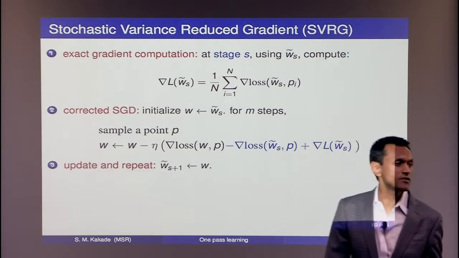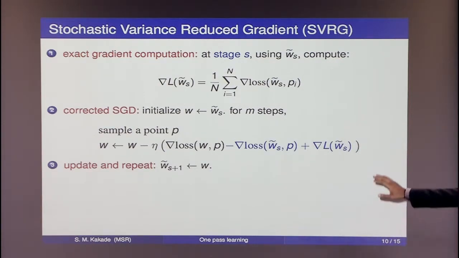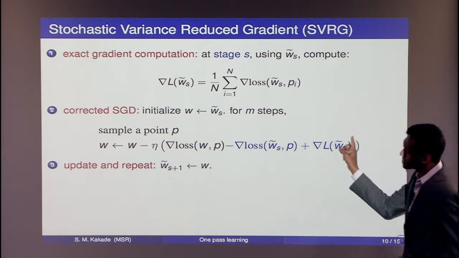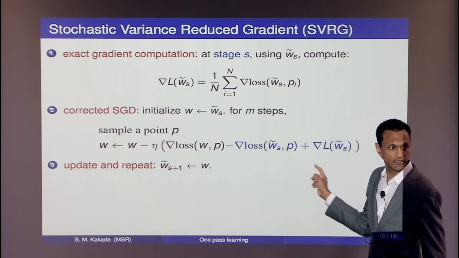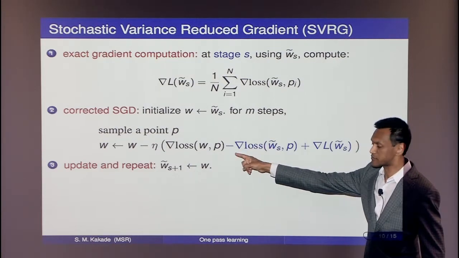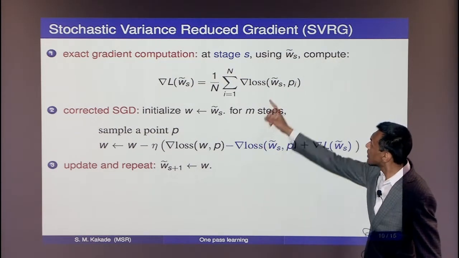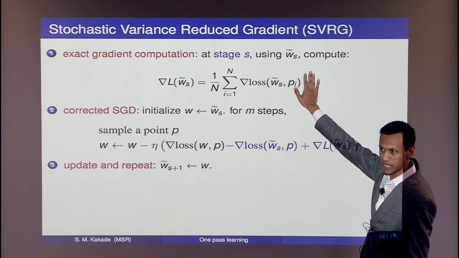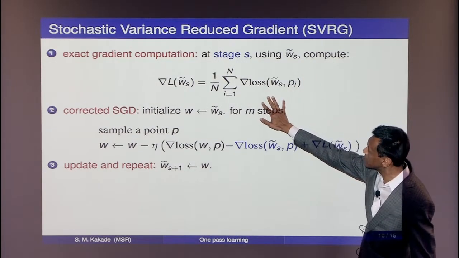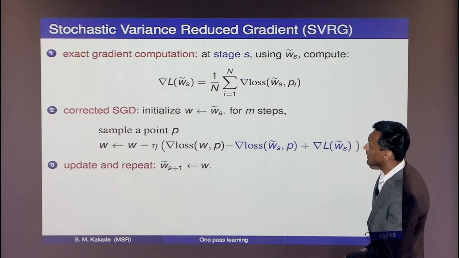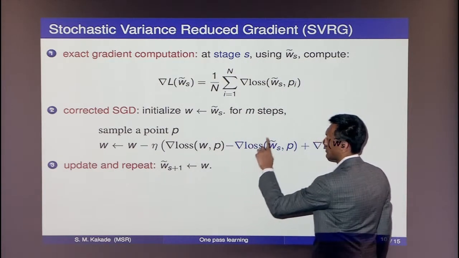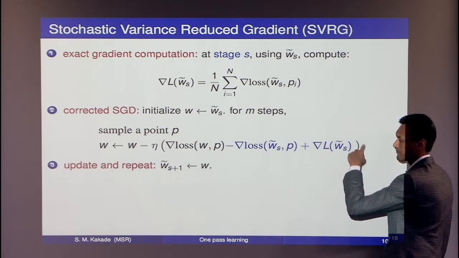Okay, so the idea of this algorithm now is that this blue term is our best guess of the systematic bias, and we're going to subtract it out. We have some W twiddle S, and we're going to update that every once in a while. The first thing we do is compute a batch gradient. Then at every sample we get, we remove this correction term.